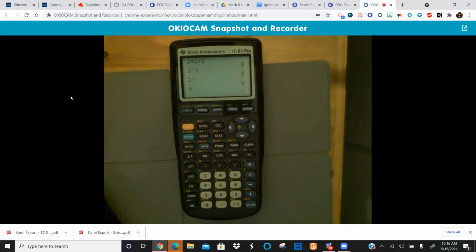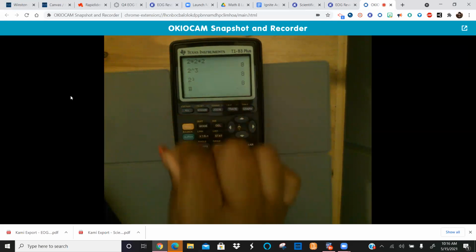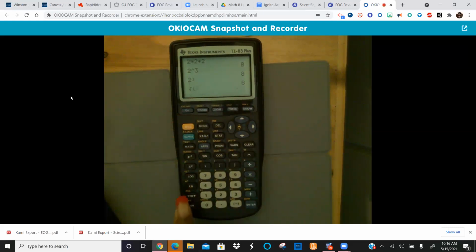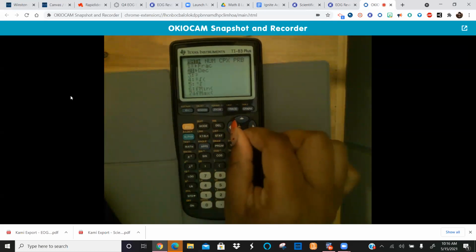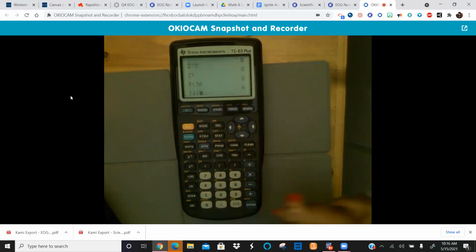So recap. You got square root, second, x squared, square root of, let's say, 36. Enter. The answer is 6 because 6 times 6 is 36. That's square root. You type in cube root. You go to math and you go down to number 4. So we can say the cube root of, what's another number we could use? 125?